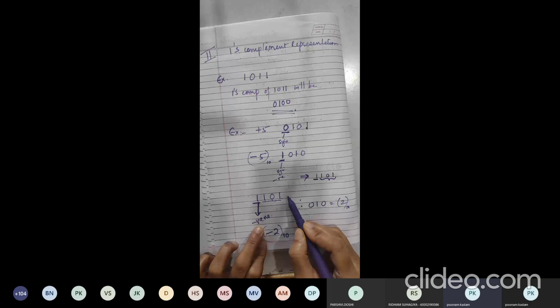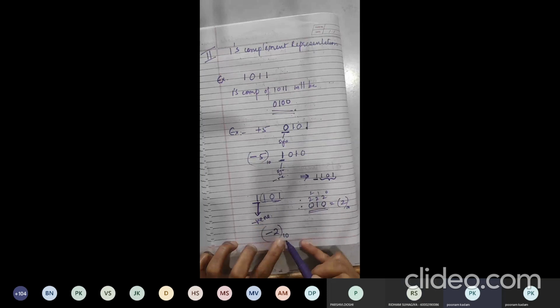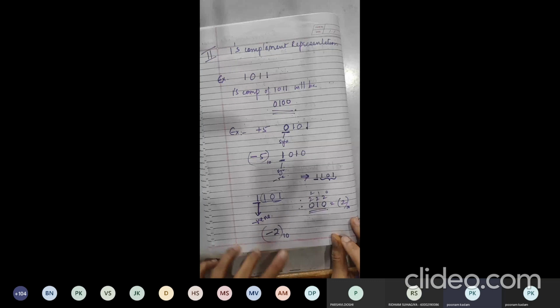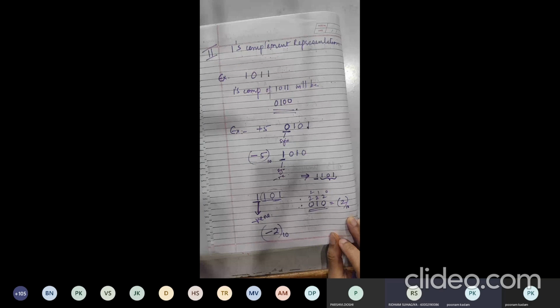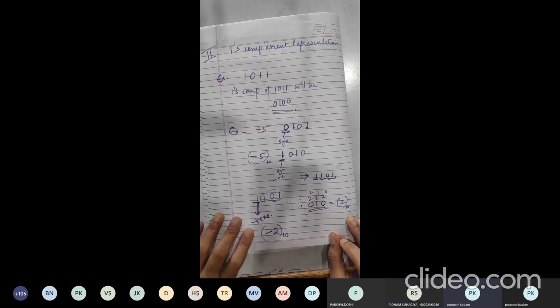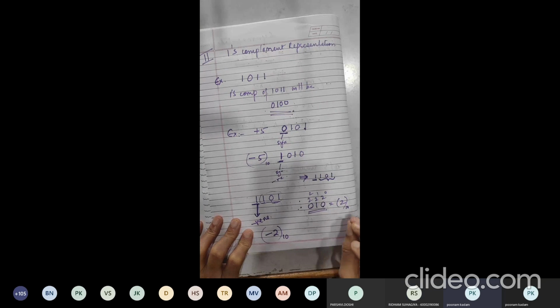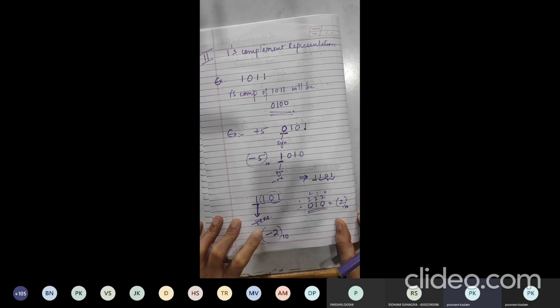The one's complement of 101 is 010. The decimal equivalent of 010 is 2. So 1101 means -2 in one's complement. To find the value of a negative number represented in one's complement form, you first take the one's complement and then find the equivalent decimal number.